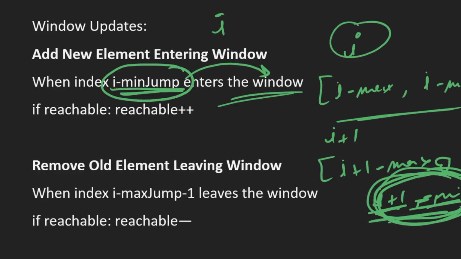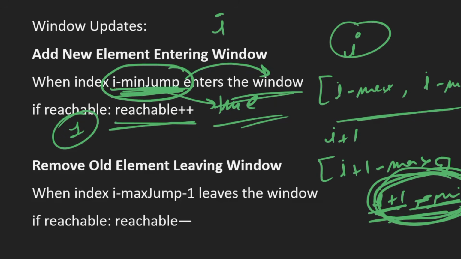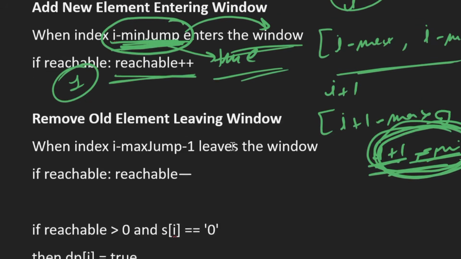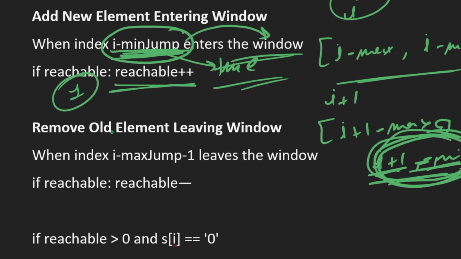So we check whether the dp value for this index is true. If that dp value for this index is true, then we increment a reachable variable by 1. Now we need to remove the old variable that is leaving the window. So earlier in the window, what is the last variable?